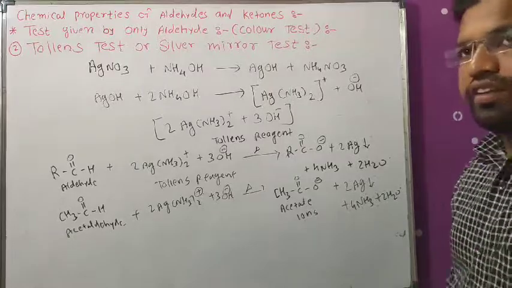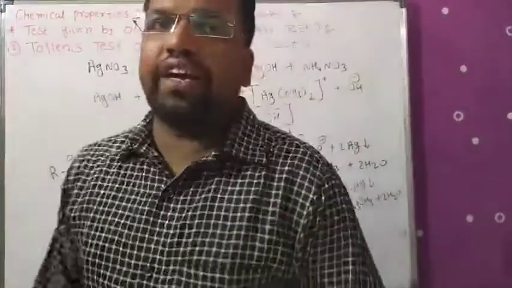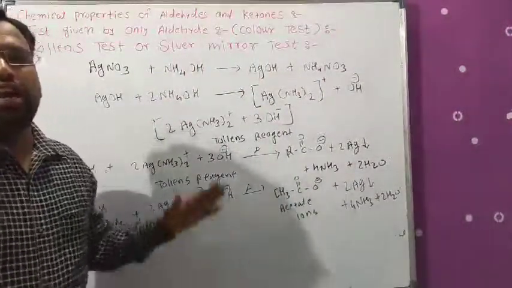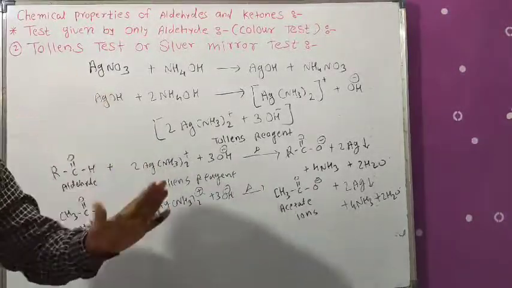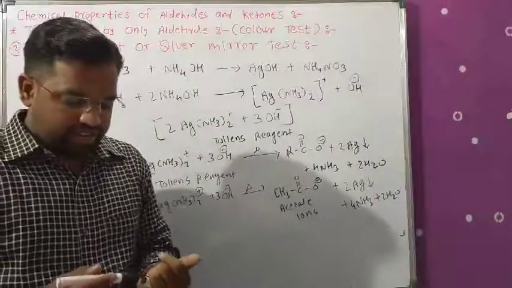So this is the second laboratory test for the identification of aldehyde. Only aldehyde shows the reaction with Tollens reagent, but ketone does not. Okay, this is our second reaction.